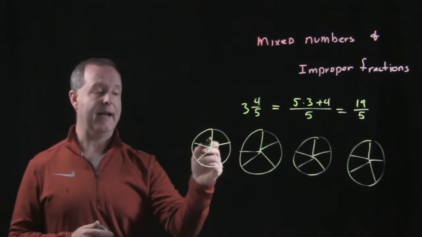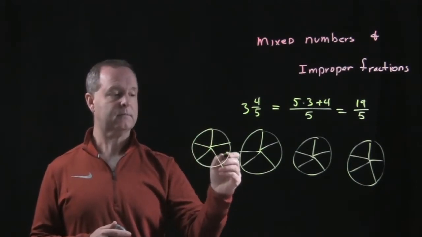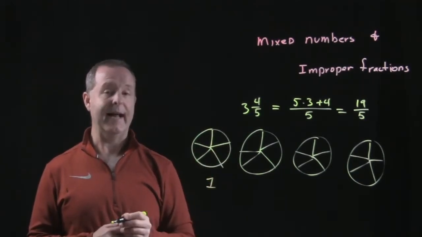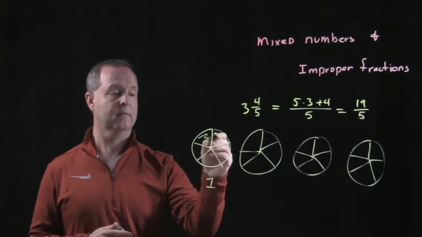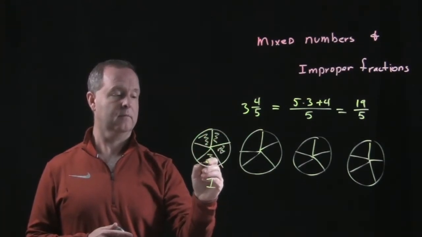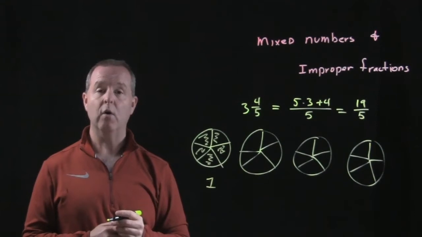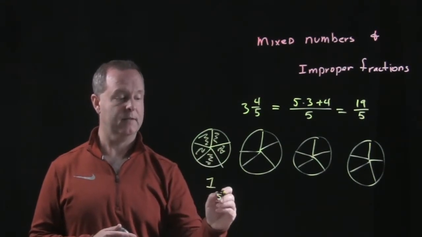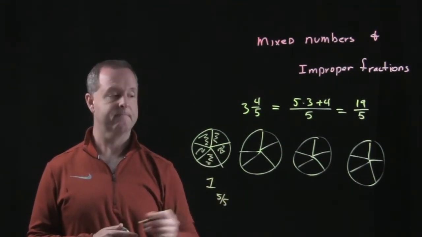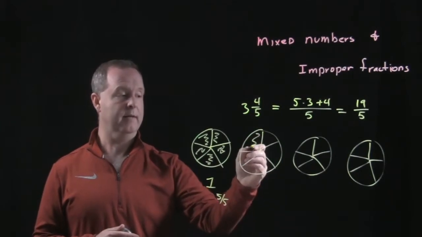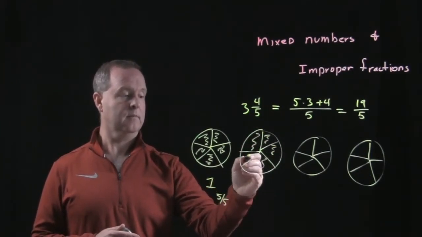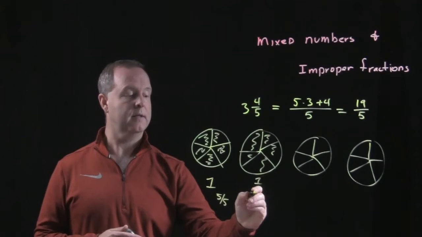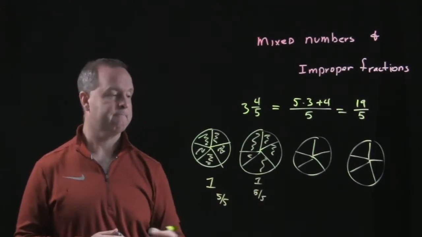So imagine then that I have this first one right here, and I have all pieces colored in. So I have one whole piece, and I have 5/5 of it all colored in. Likewise, that's all colored in. I have another one whole piece of 5/5 colored in.